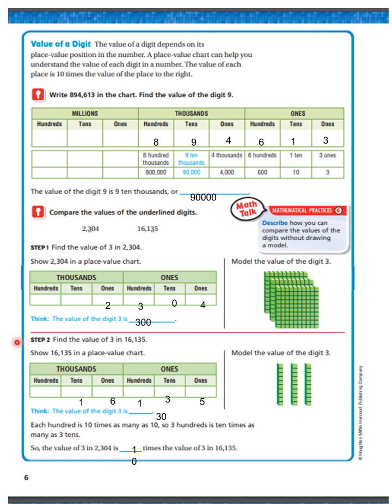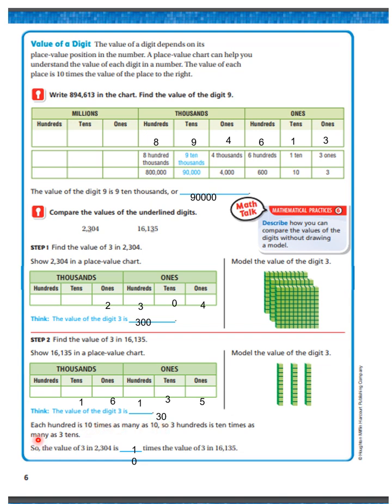Now let's go to the next one. It says find the value of the 3 in 16,135. So I'm going to put 1 10,000, 6 thousands, 1 hundred, 3 tens, and 5 ones. So the value of the 3 is 30.